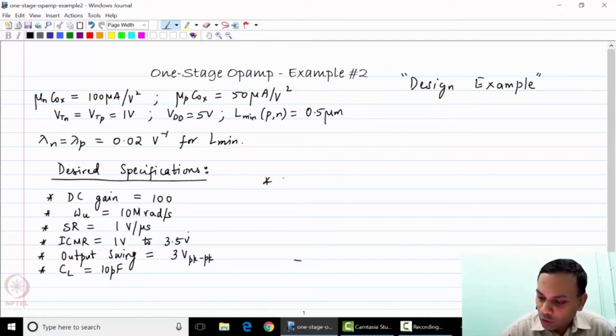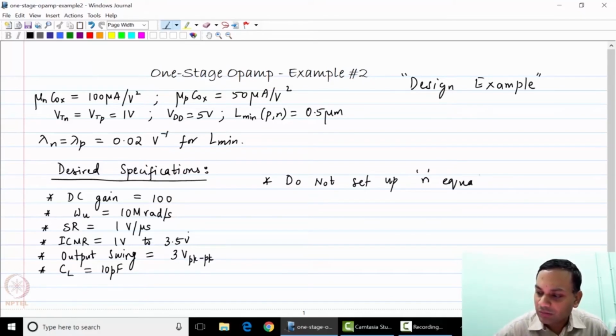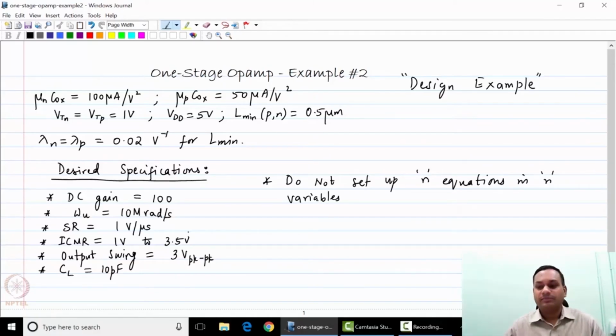So the first thing to do is do not set up n equations in n variables and solve it, right?